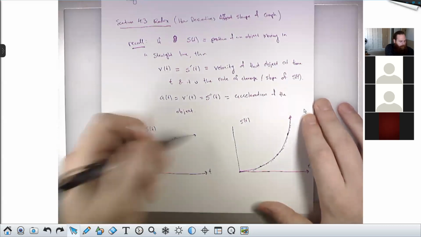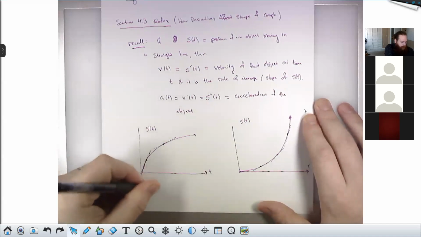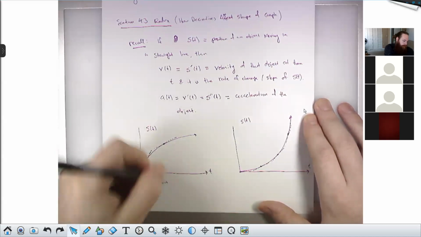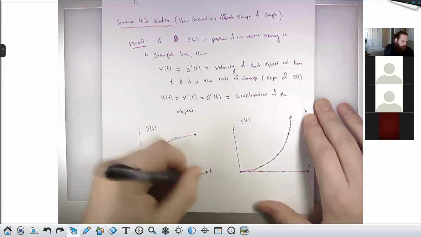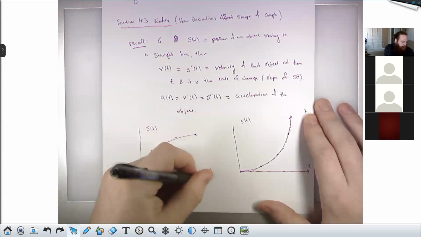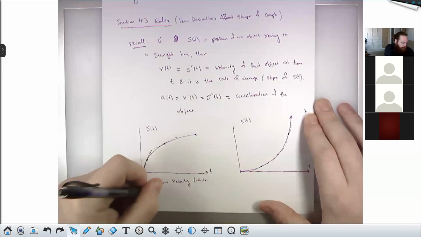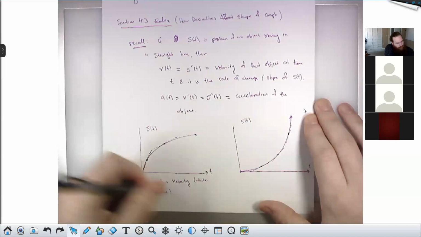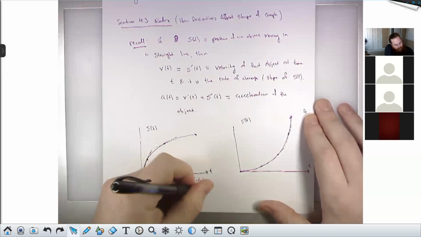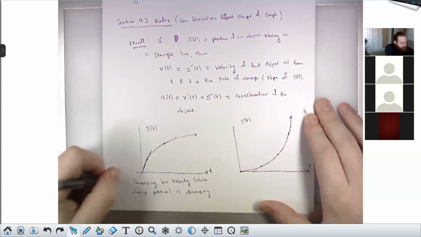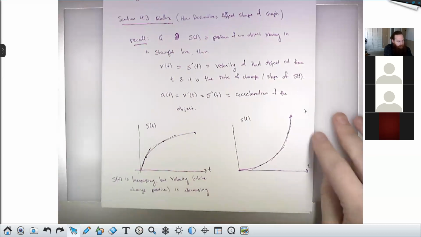So s is everywhere increasing, but the velocity, while always positive, is decreasing. So I should say s of t is increasing, but the velocity is decreasing.